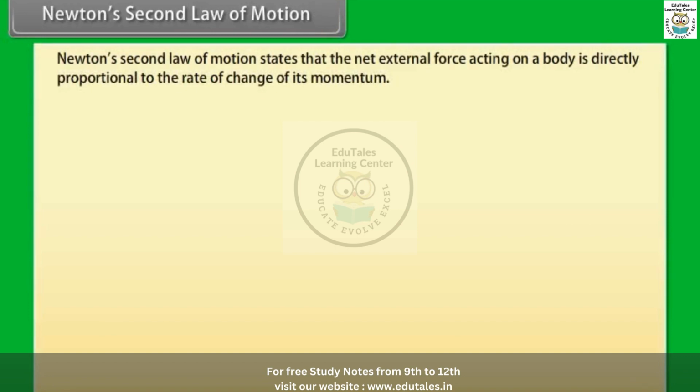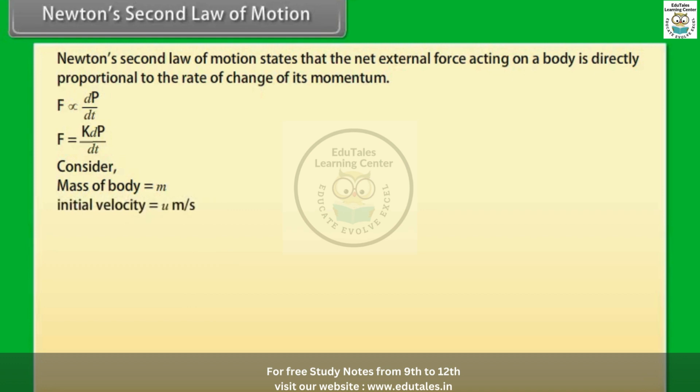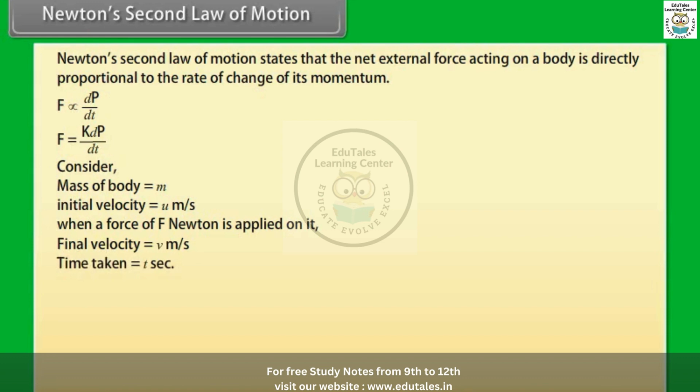Newton's second law of motion states that the net external force acting on a body is directly proportional to the rate of change of its momentum. Its equation is given as follows. Consider a body of mass m initially moving with a velocity of u meter per second. When a force of F newton is applied on it, its velocity becomes v meter per second after a time of t second.